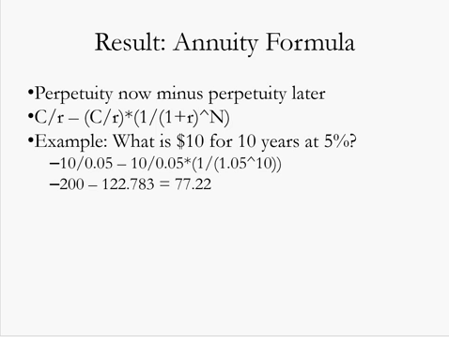One of them is delayed 10 years. Simplify, and you get $77.22. So between the present value formula, the future value formula, the perpetuity formula, and the annuity formula, you can do a wide spectrum of questions and problems.